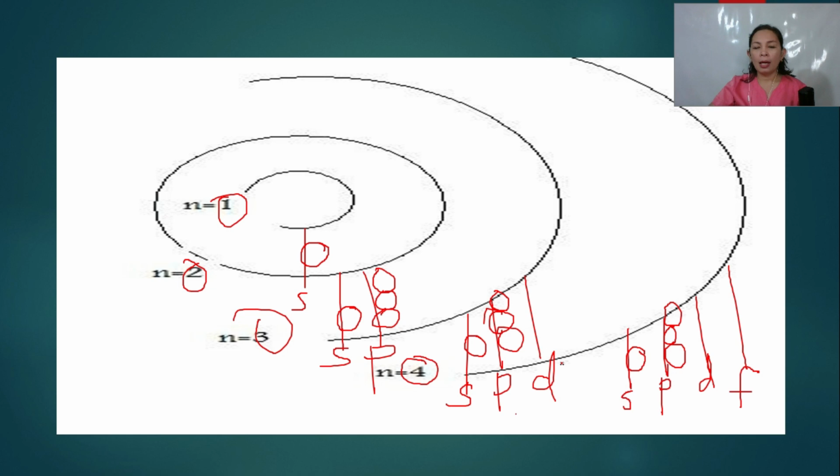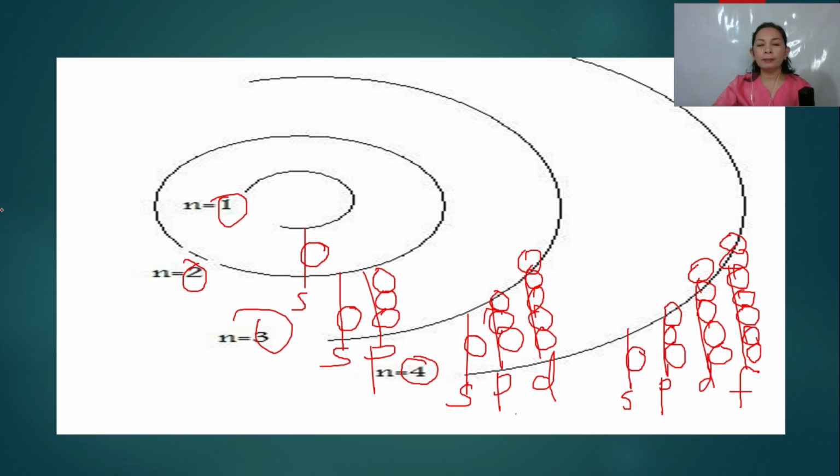And again, in the D, 3 plus 2 is equivalent to 5, the same with energy level 4. How about in F? If we add 2, 5 plus 2 is 7.